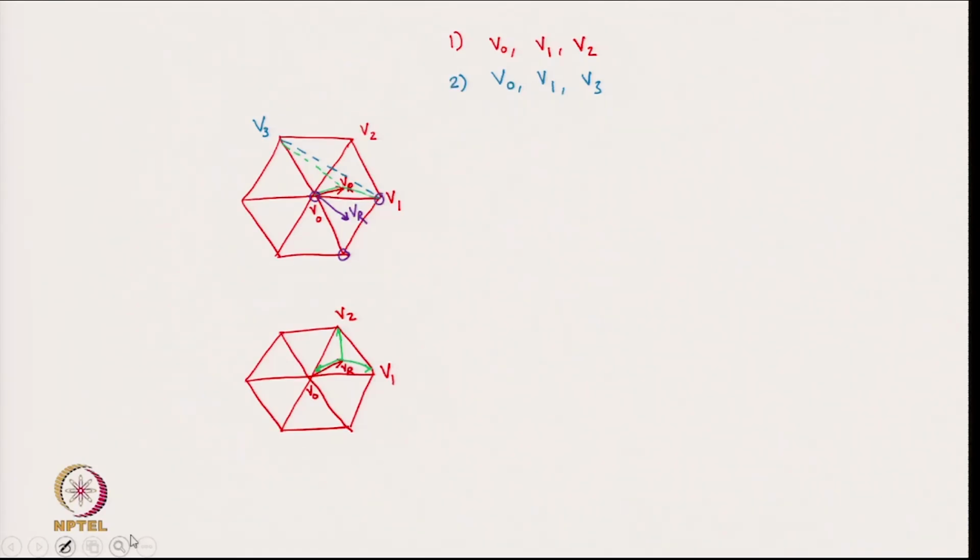For example, this is the boundary of the space vector diagram of a multi-level converter, but we can have many more space vectors.